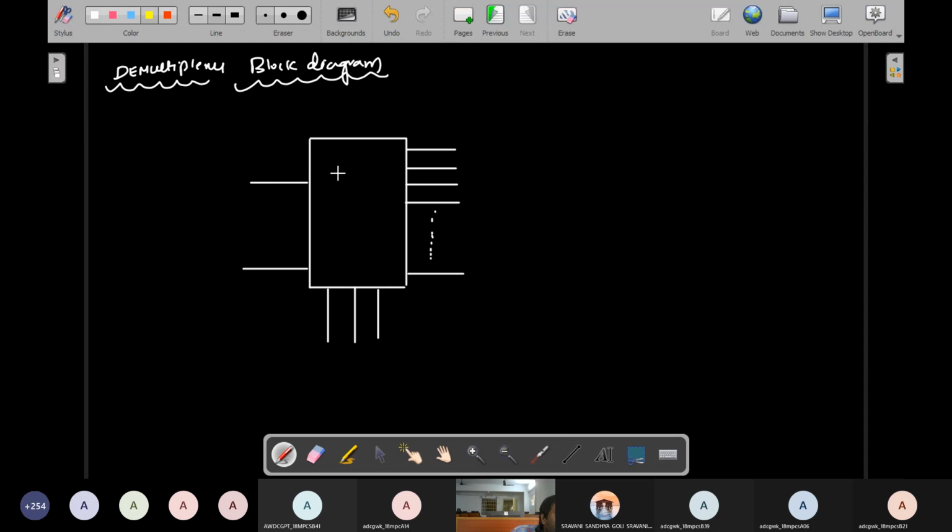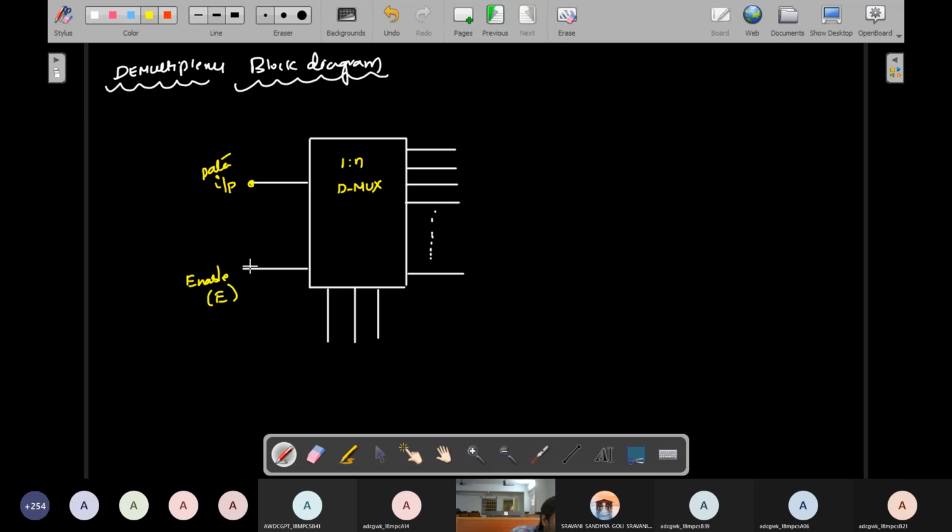This is called a 1:n demux, and this is the data input. This is called enable.